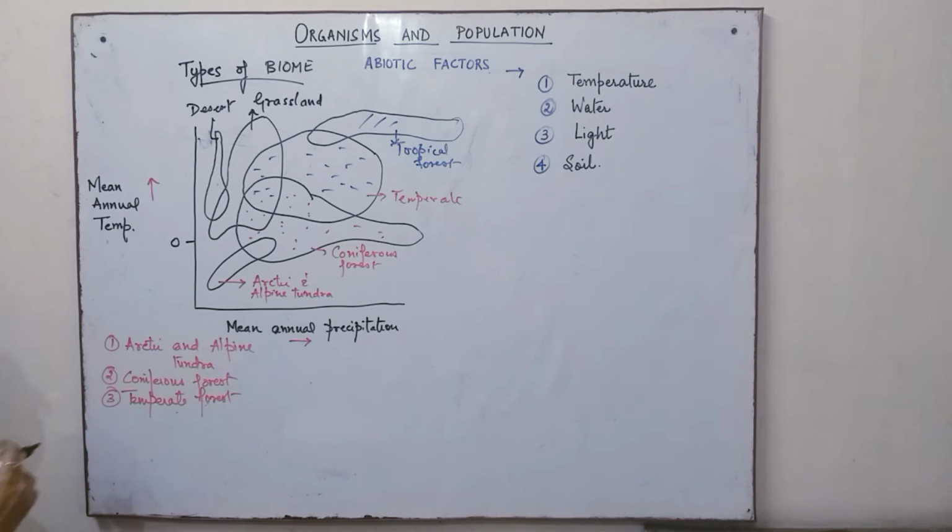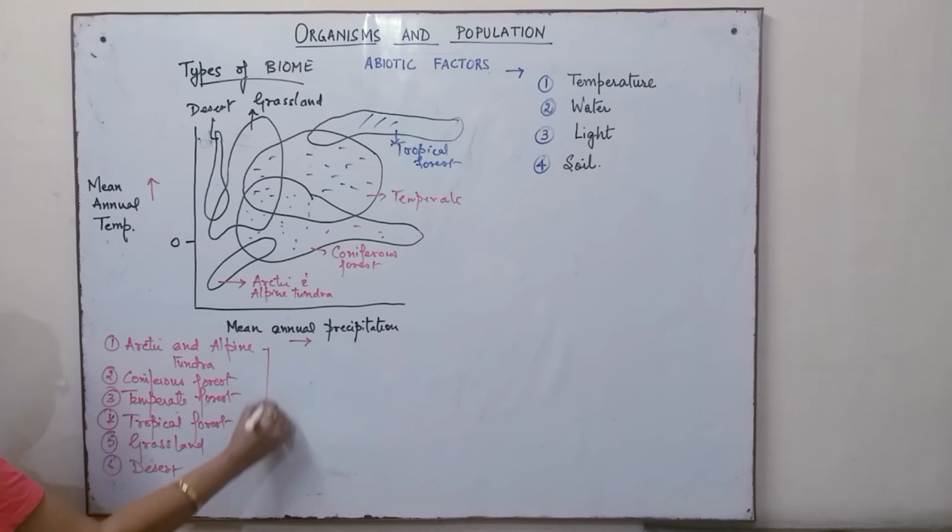Now, if we analyze this diagram, let us try and understand what are these different regions. As told, there are 6 major biomes on the earth. The first 3 I have already mentioned. The fourth is the tropical forest, the fifth is the grassland, and sixth is the desert.